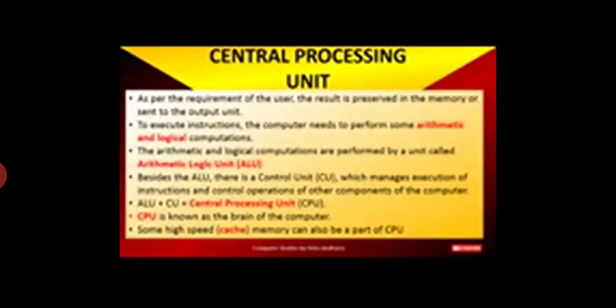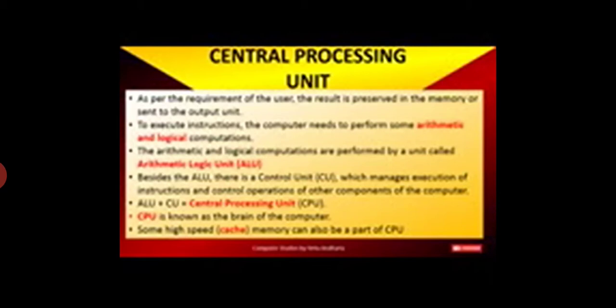Now we come to the topic central processing unit. Once the data and instructions are entered into the computer memory, instructions are executed and results are prepared. That means, suppose you type something, then the results will be displayed as the output on the monitor.